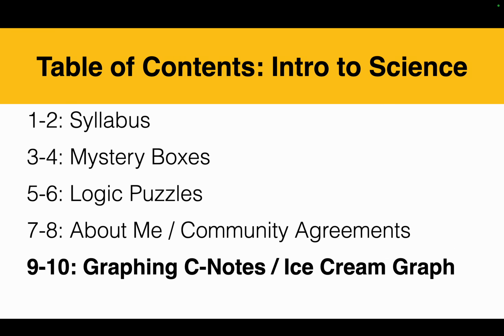So go ahead and add pages 9 and 10, graphing C notes / ice cream graph, to your table of contents. So flip to your table of contents. It should say 9, 10, graphing C notes, and ice cream graph. So the front side is the C notes. They're called Cornell notes. It's just a style of note taking.